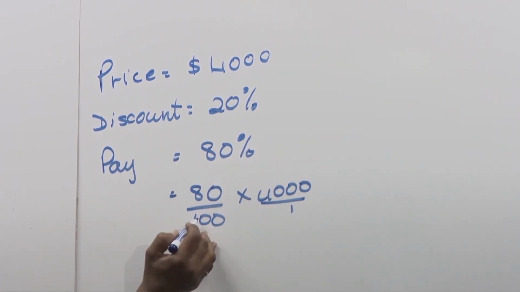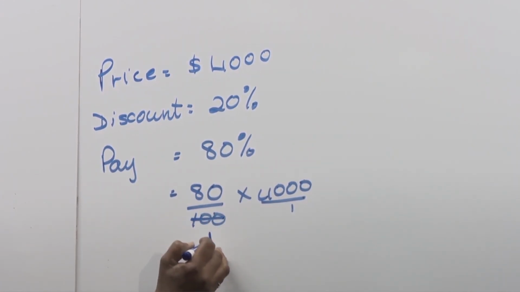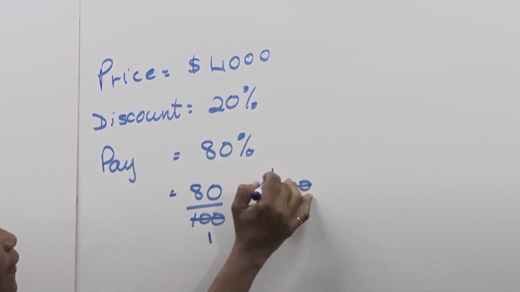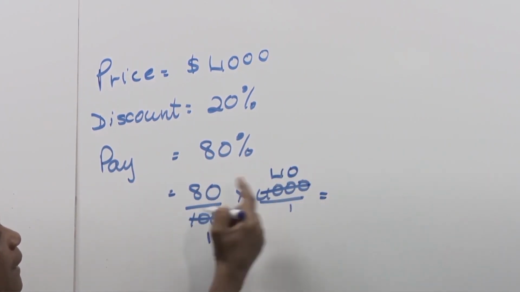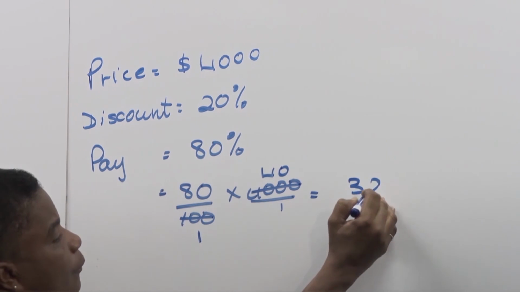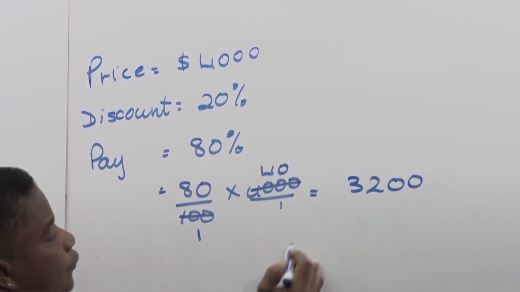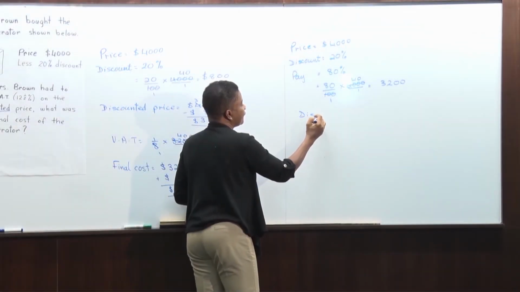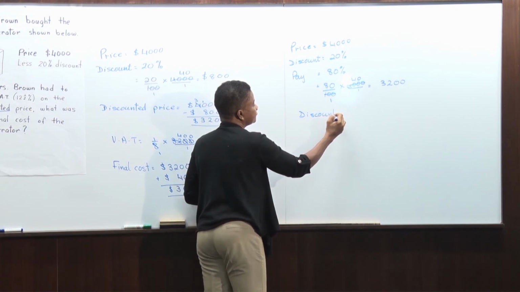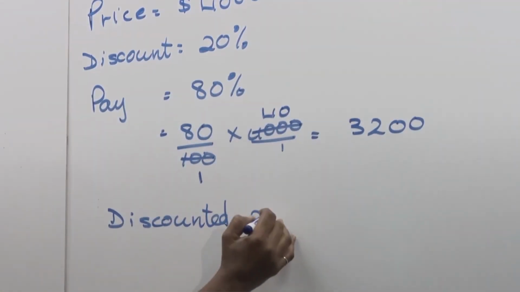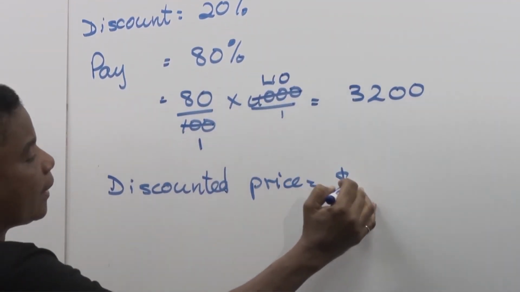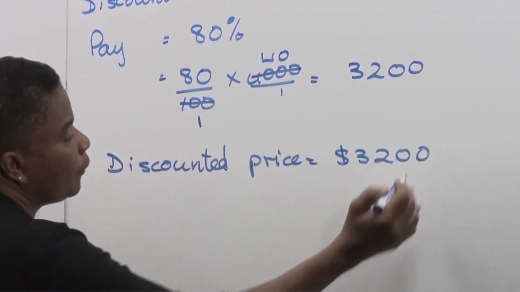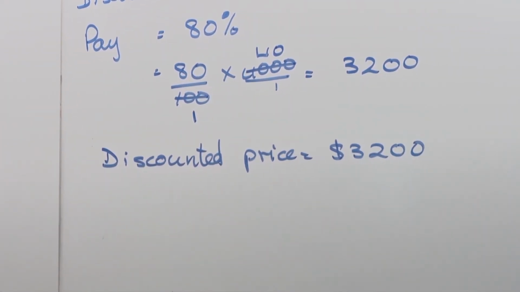Let's see what that will work out to be. 100 into 4,000, 40. When we multiply 80 by 40, we are going to get 3,200. So it means that the discounted price is $3,200, which is the same thing we got here.